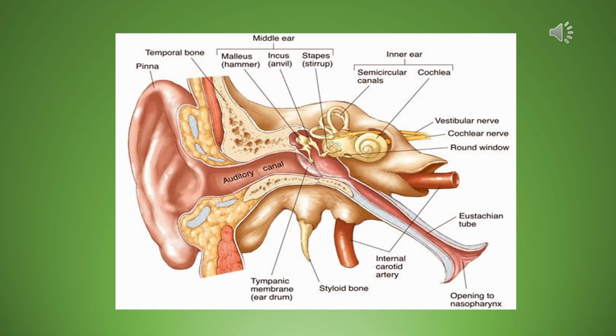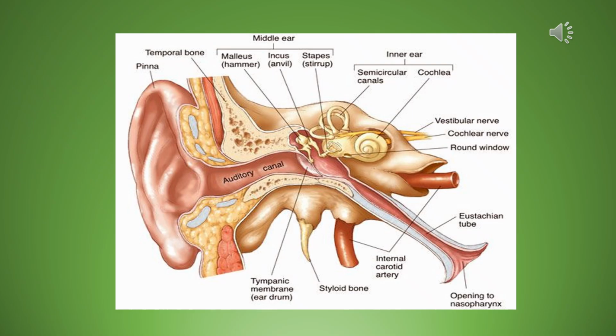Notice that the eardrum is attached to the malleus, that's a bone, which is attached to the incus, that's a bone, which is attached to the stapes, that's a bone. So if the eardrum moves, then those three bones also will move because they're all attached. Those are the auditory ossicles, or the three bones of the middle ear.